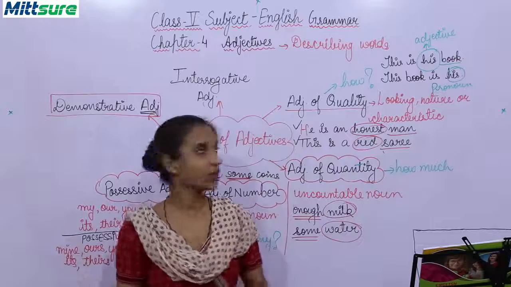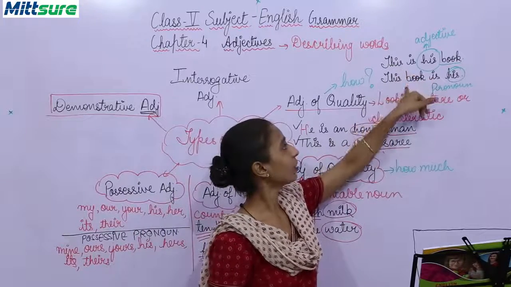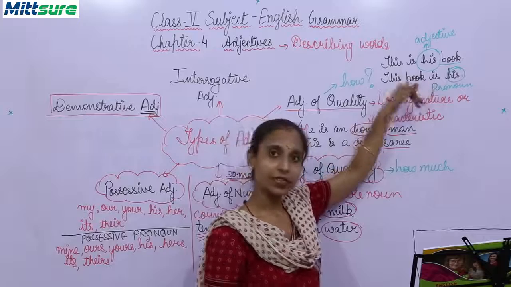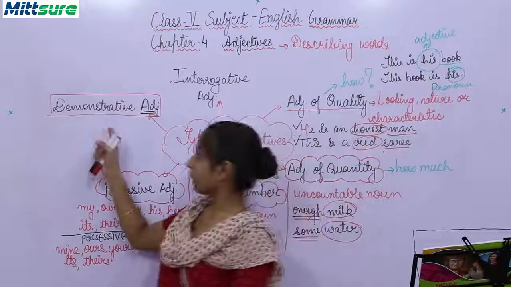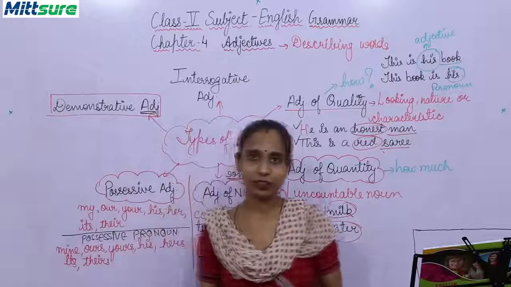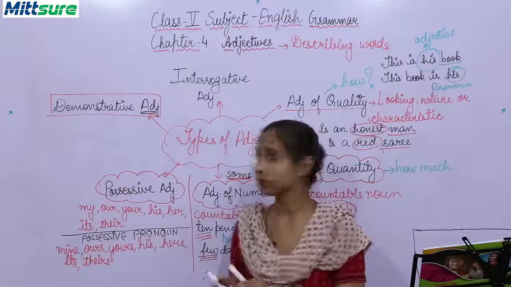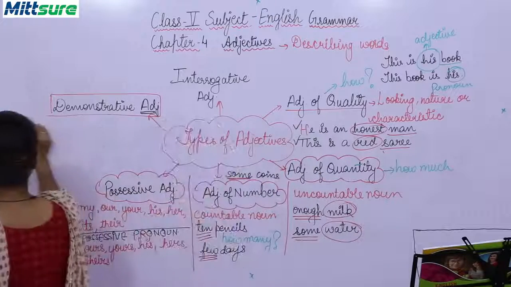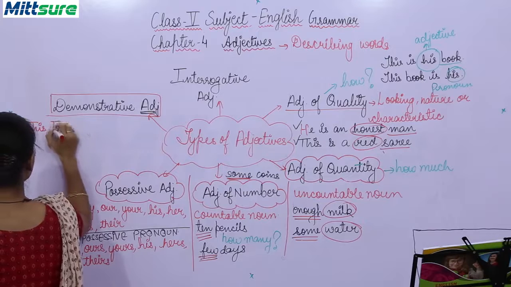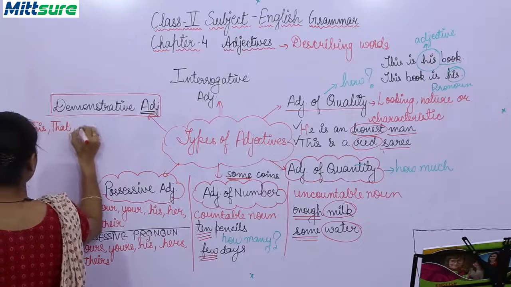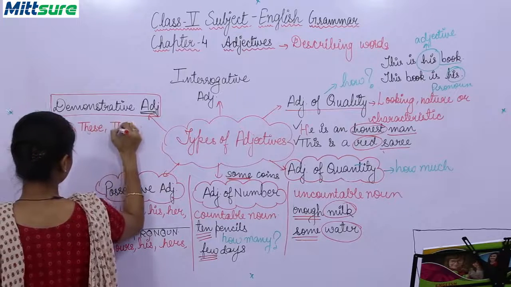I will explain this with the help of these two examples only. But let us see what demonstrative adjectives are. That is same as demonstrative pronouns, that is this, that, these, those.